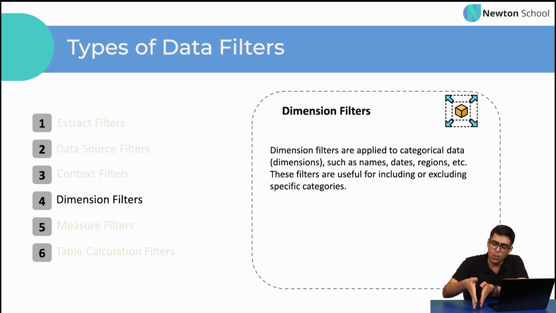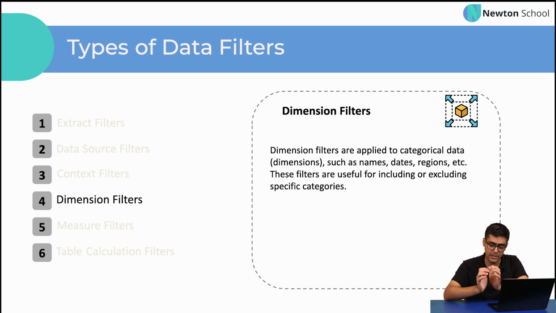What if you only want to analyze the data for men because that is your target demographic? In that case, you will apply a dimension filter, which will only filter the records in the rows which are for men or for women, right? So this example, I hope, helps you understand what a dimension filter is. You are only filtering one dimension.